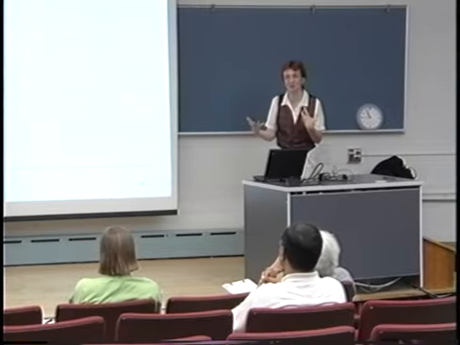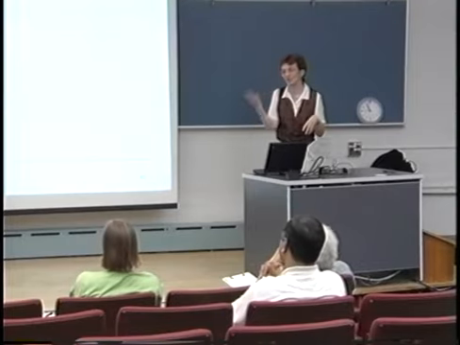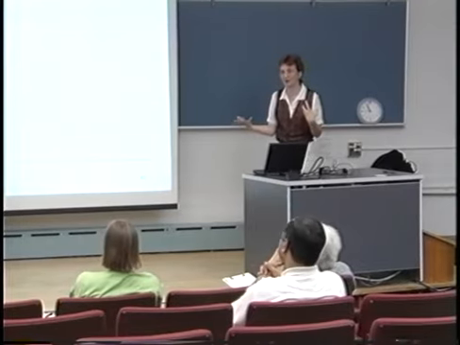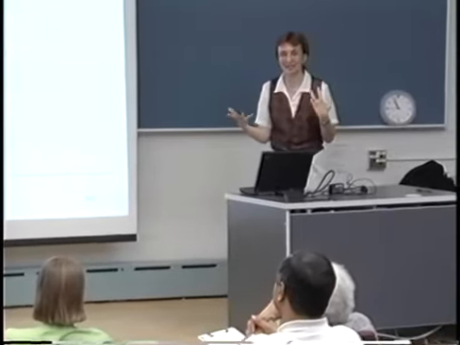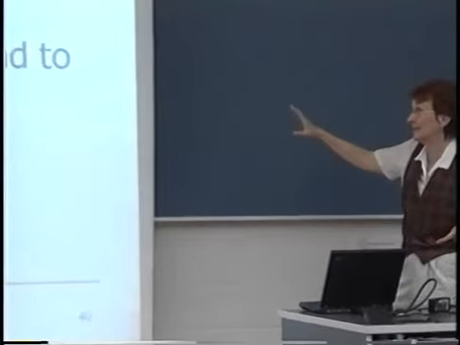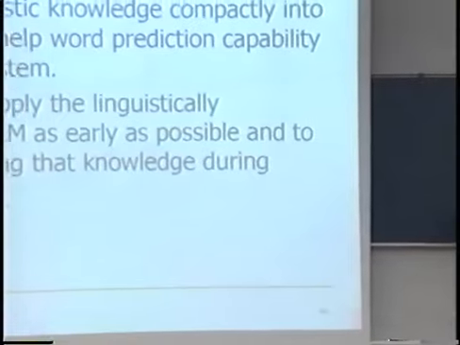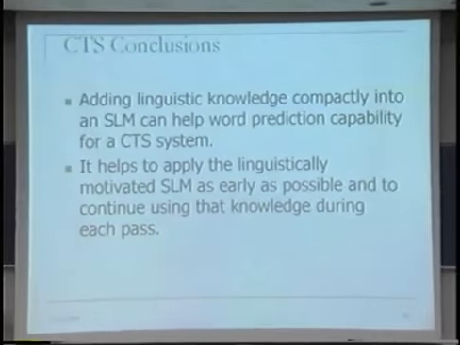So you could build a more powerful model than the one that we have, and then use even other ways of factorizing the model in order to address the sparse data problem. I do believe that this is only the beginning for this model. I think there's a lot more that you could do to effectively build a family of language models that would be useful. And it helps to apply it as early as possible, continue processing it, and actually scale up as you go along.